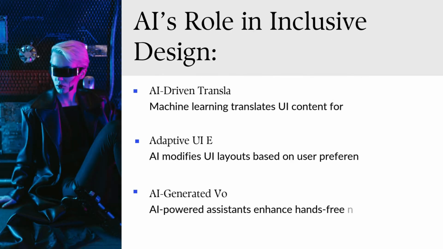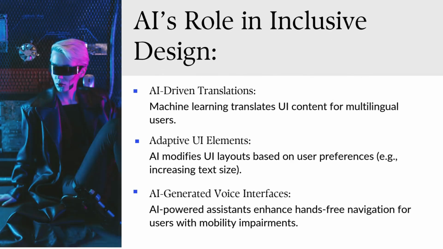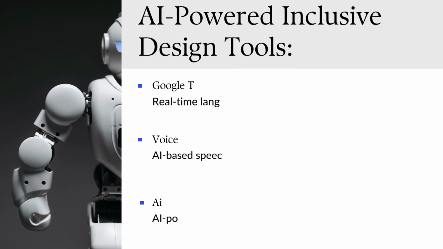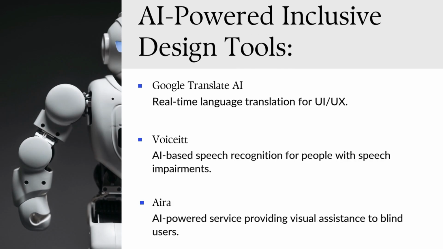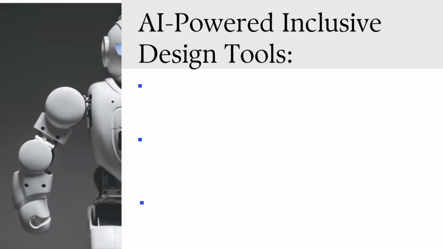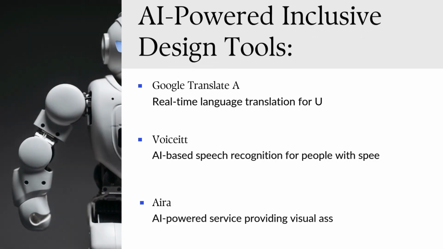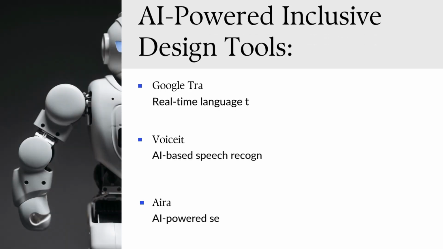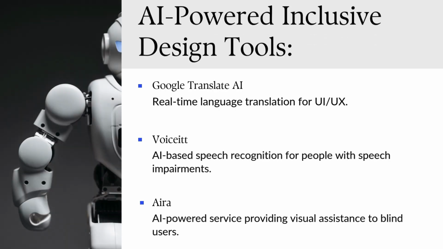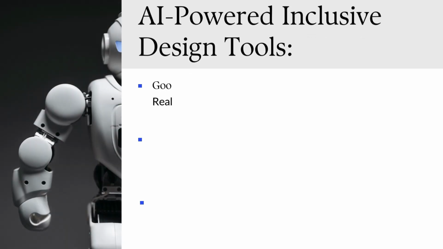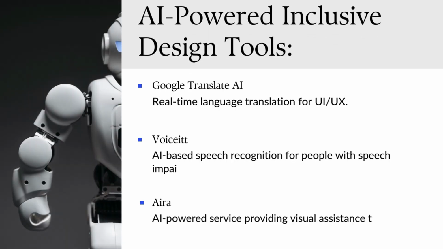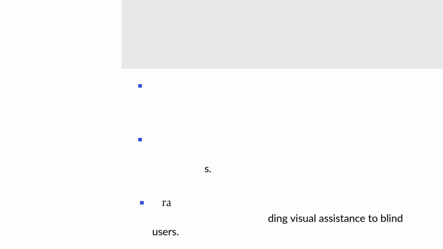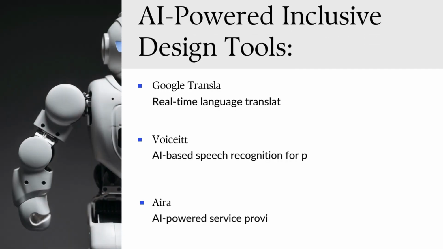So guys, let's go ahead to talk about some of the AI powered inclusive design tools. First on our list, we have what we call the Google Translate AI, which is an AI powered inclusive design tool for real-time language translation for UI and UX.